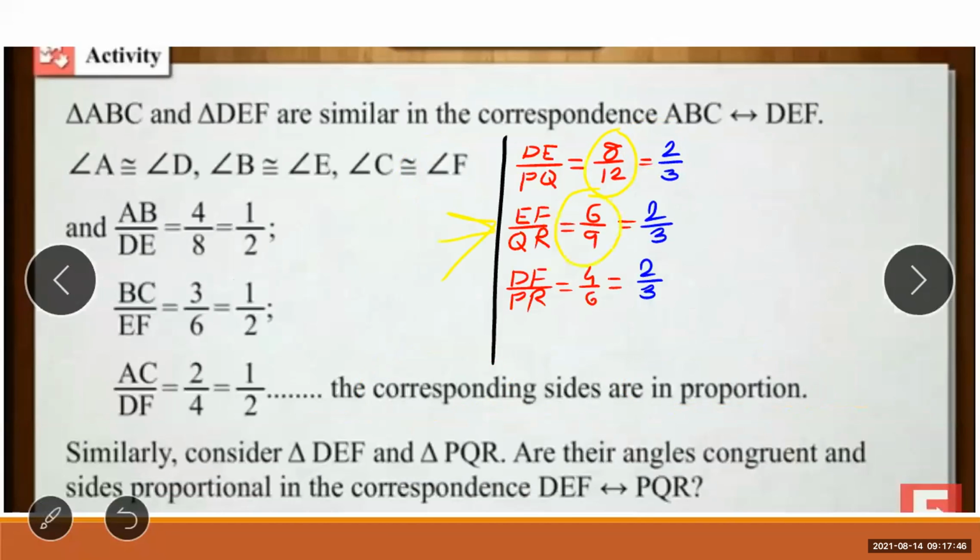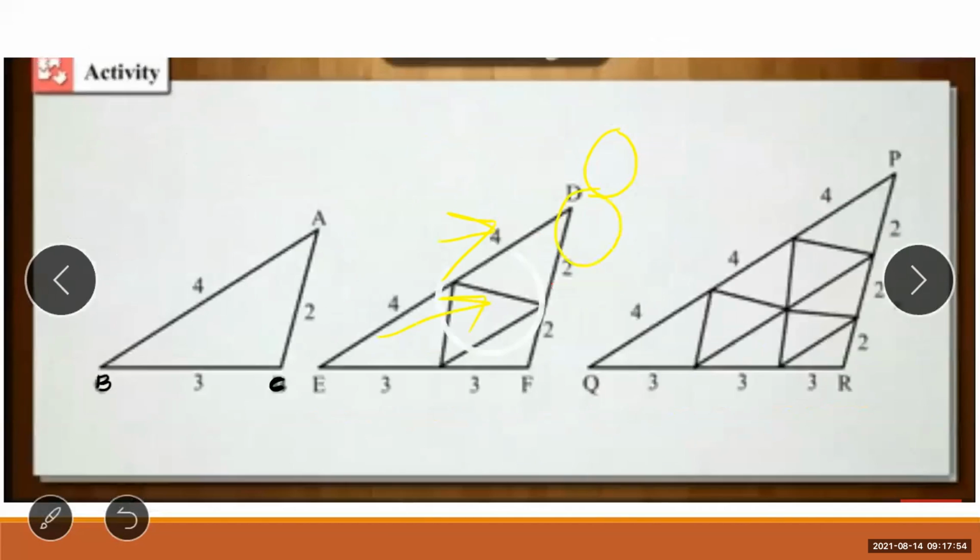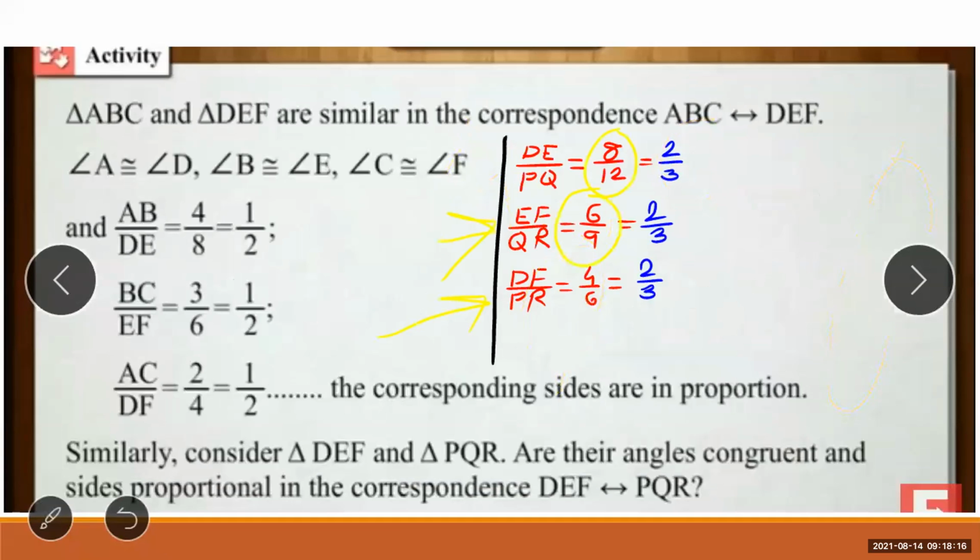And the ratio for the last two sides, DF by PR. DF is 2 plus 2, 4, by PR, that is 2 plus 2 plus 2, that is 6. So 4 by 6 will be the ratio. Now by calculation, the reduced form of the ratio is equal for each, that is 2 by 3, 2 by 3, 2 by 3.